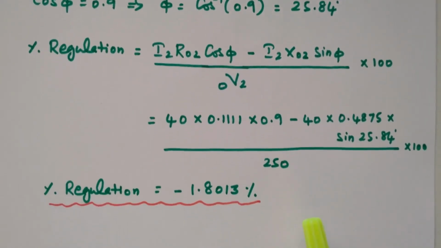By simplifying this, we got regulation equal to minus 1.8013 percent. So we got the regulation in the negative. In this question, we calculated the regulation and the efficiency at full load, efficiency at half load, and copper loss at the full load.